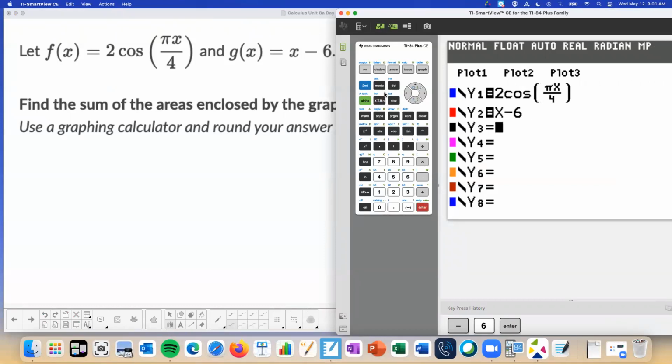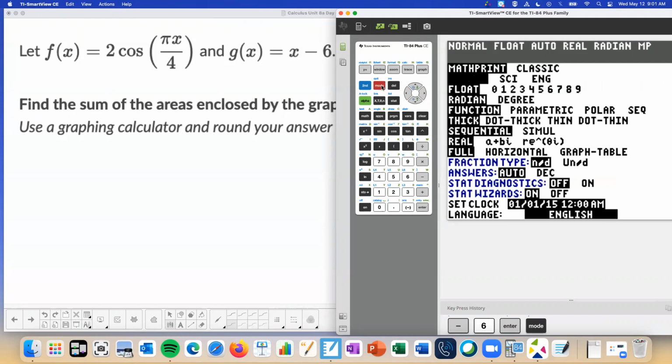Then I'm also going to double check that my calculator is in radian mode, which I figure it should be, and yes, mine's in radian mode.